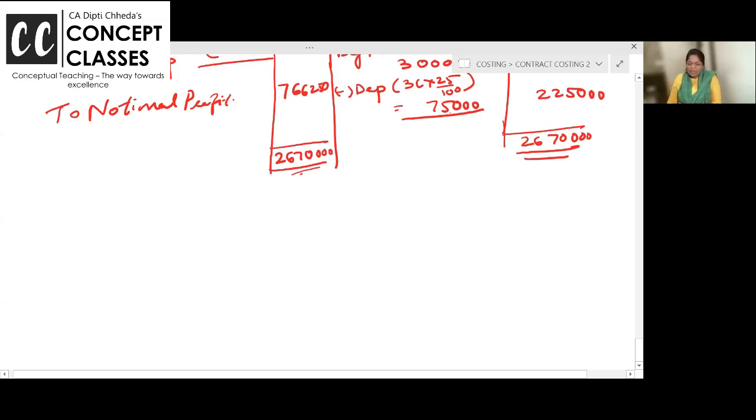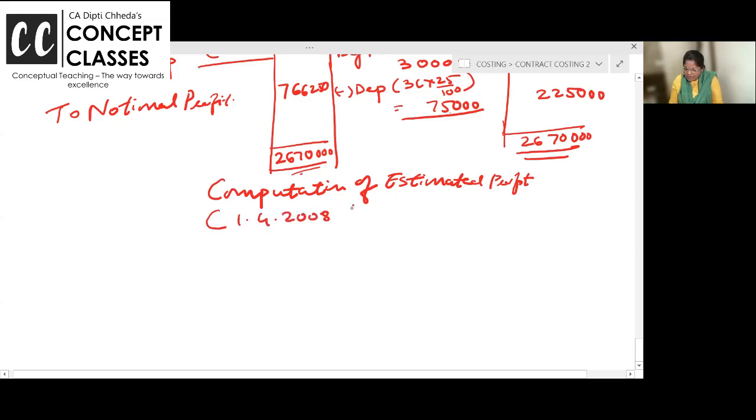Now, another part they have asked is, I have done the working notes also here. They said estimate the whole contract's profit. So, computation of estimated profit. For that, you have to prepare the contract account from 1st April 2008 to 31st March 2009.